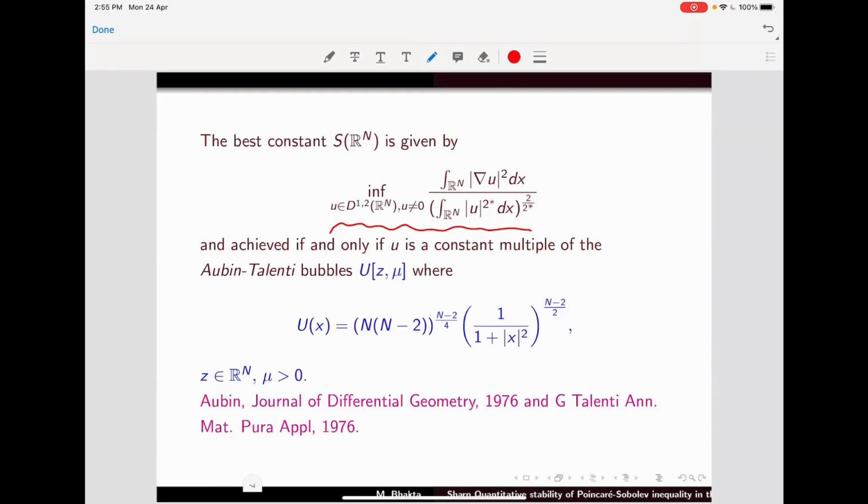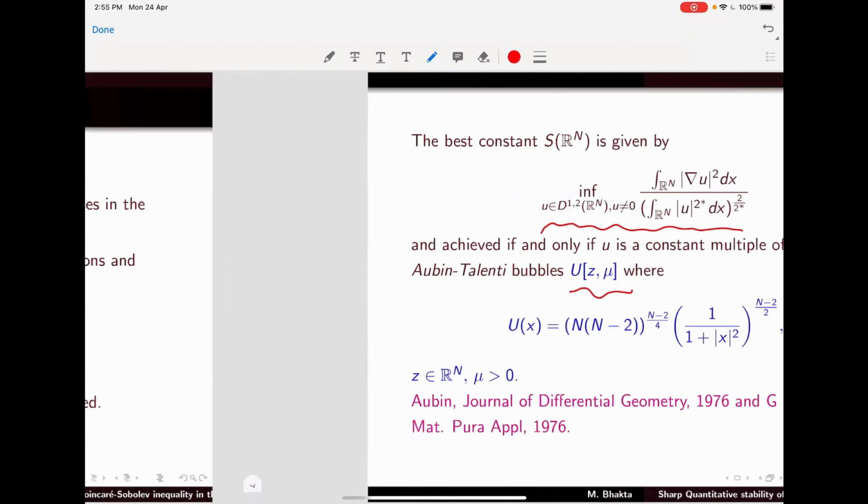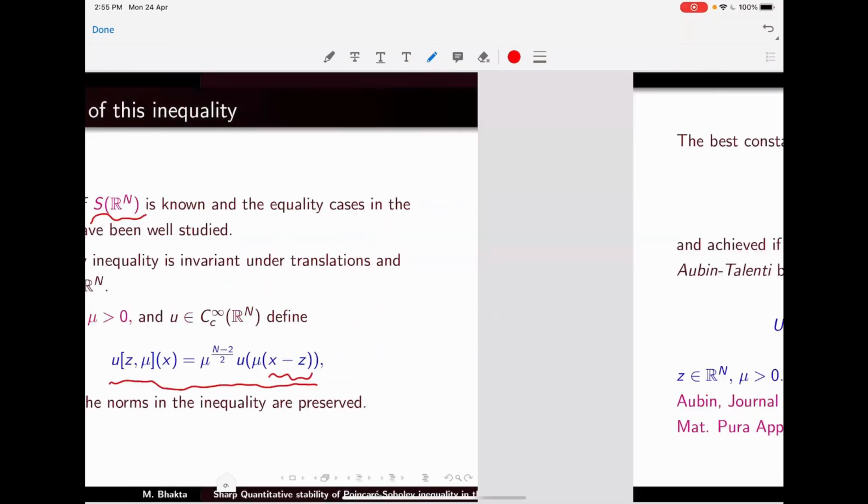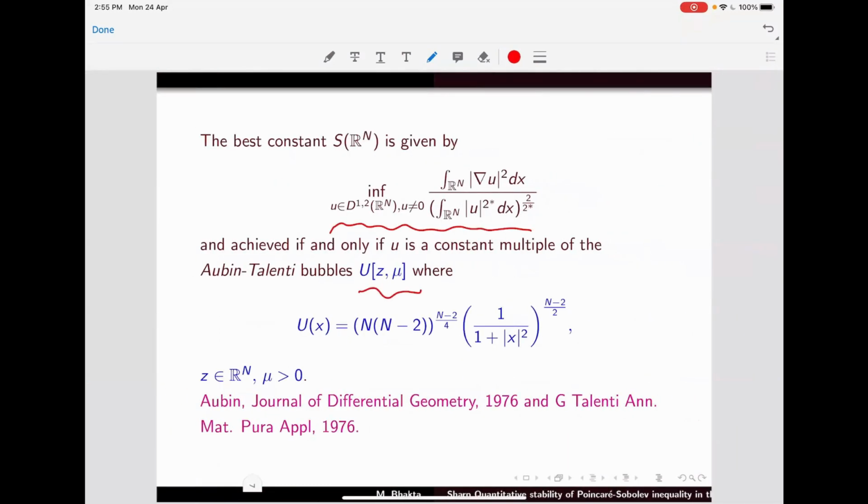So this u z mu is defined exactly the way we defined it here, with the scale dilation and the translation, and capital U is the so-called Aubin-Talenti bubble. They first proved that the Sobolev constant is achieved by this function. So if you find any optimizer for the Sobolev inequality, it must be a translation, dilation, or constant multiple of this function.